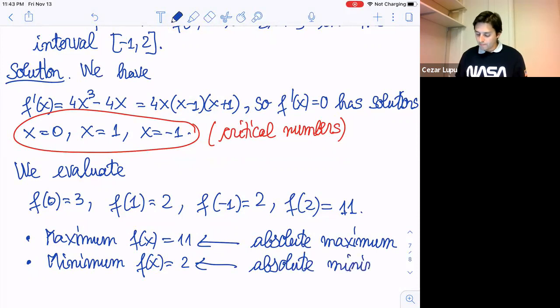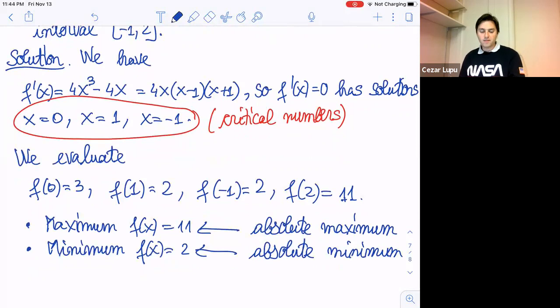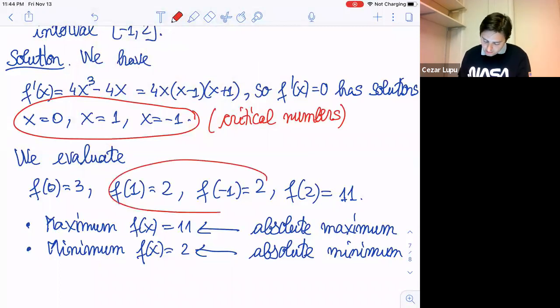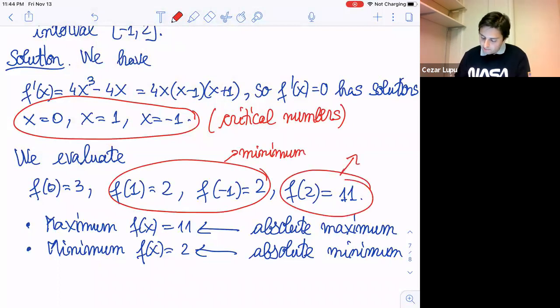As you can see, this absolute minimum is attained at two values, 1 and -1, right? Just look at them here. So that's the absolute minimum, and this is the absolute maximum.